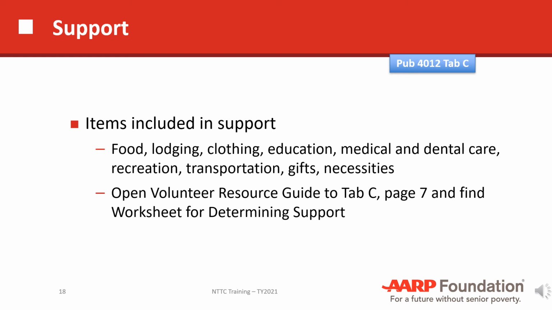If you are concerned as to whether this individual meets the test or not, you can go to the Volunteer Resource Guide, tab C, page 7, and there you will find a worksheet for determining support. So you can actually go through the worksheet and determine whether this individual meets the support test or not.